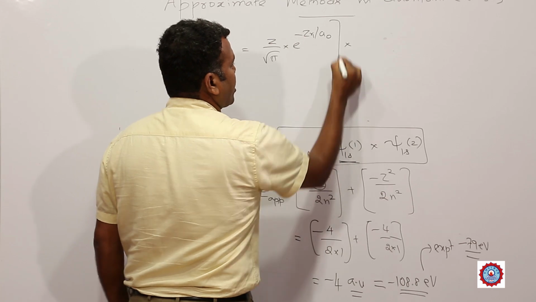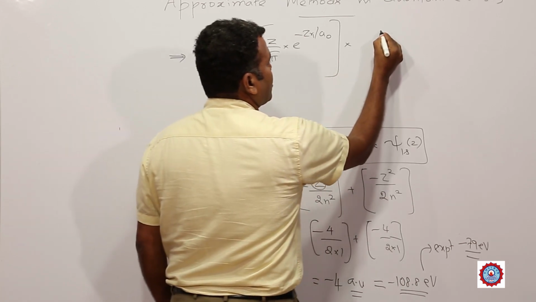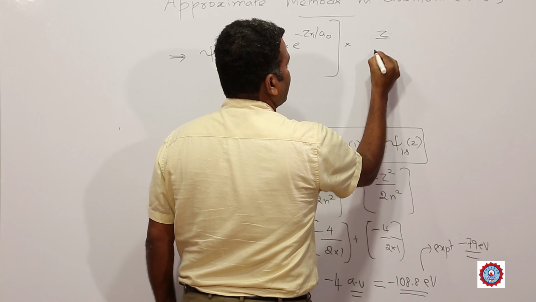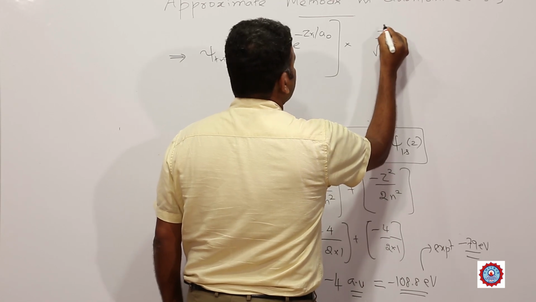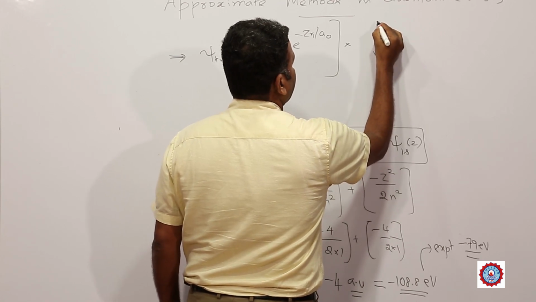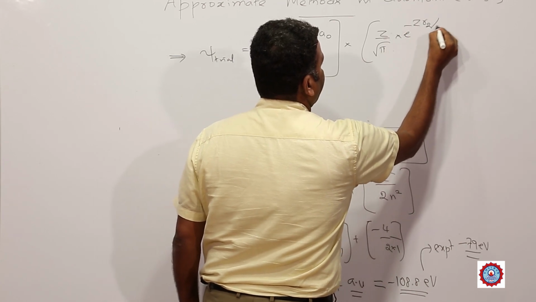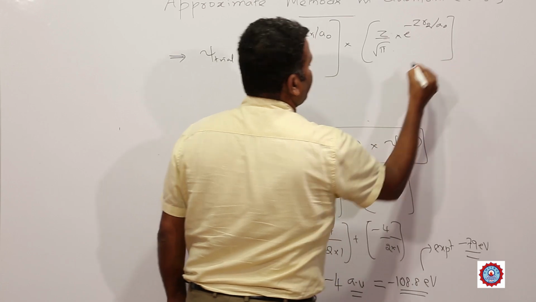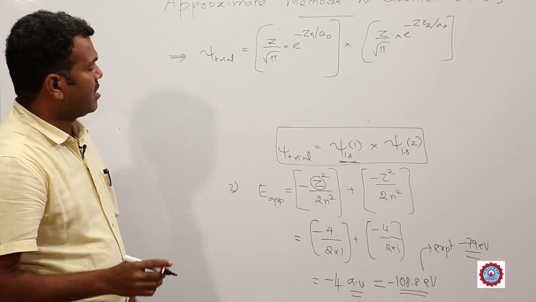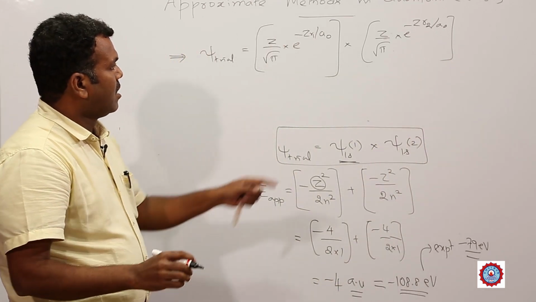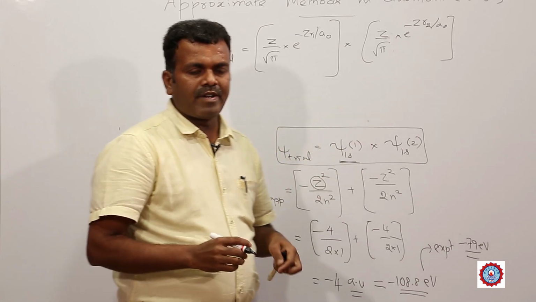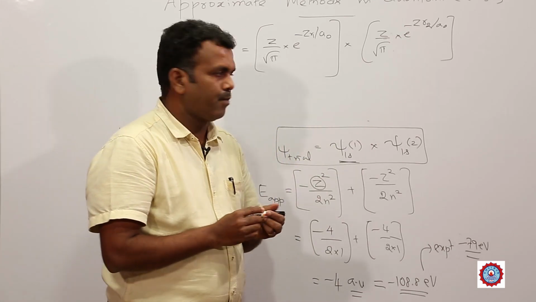This is for electron 1. For electron 2, z by root pi into e power minus z r2 by a naught, where r1 is the distance between the nucleus and electron 1 and r2 is the distance between the nucleus and electron 2.